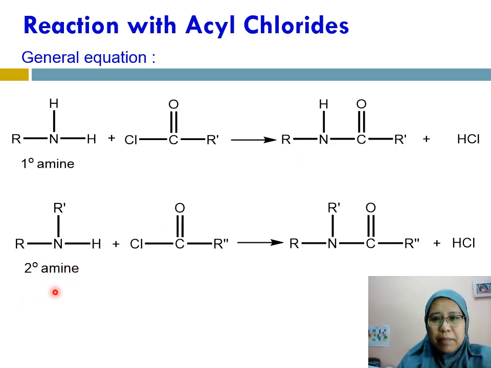For secondary amine, all the R coming from amine is coming together with nitrogen, where nitrogen is attached to the carbonyl group from acyl chloride. So again, this is the amide bond. Any R coming from acyl chloride is going to be bonded into the compound here.